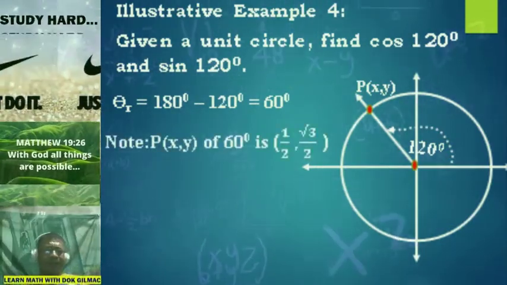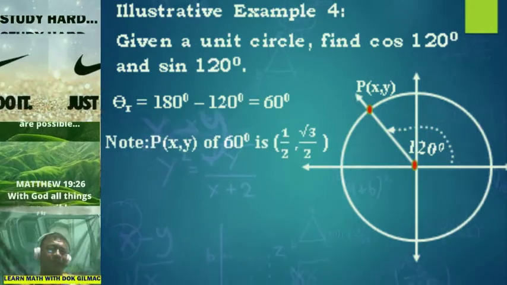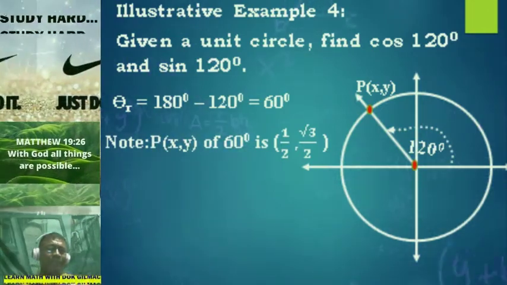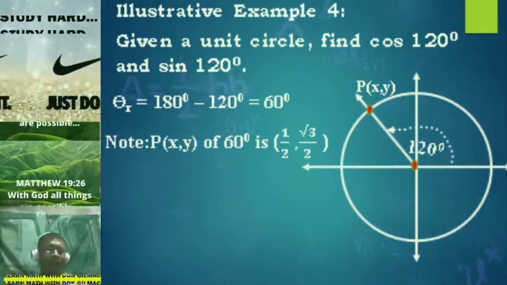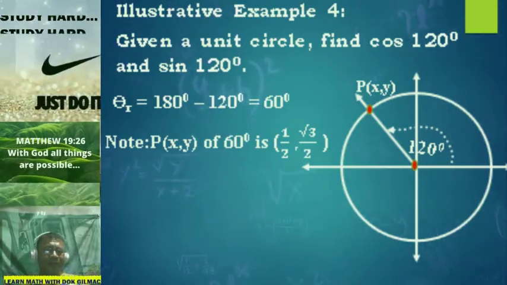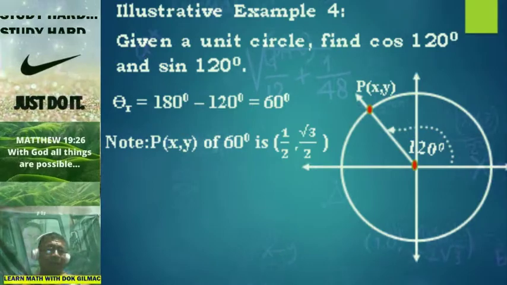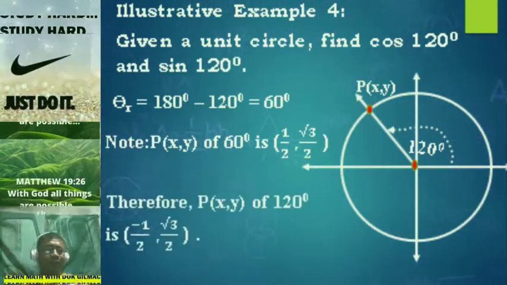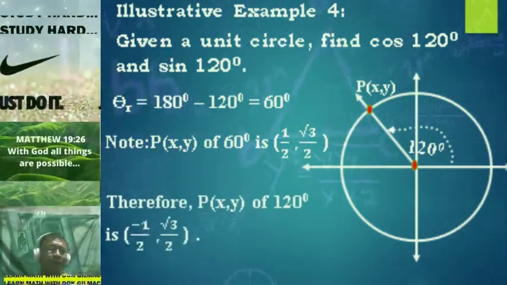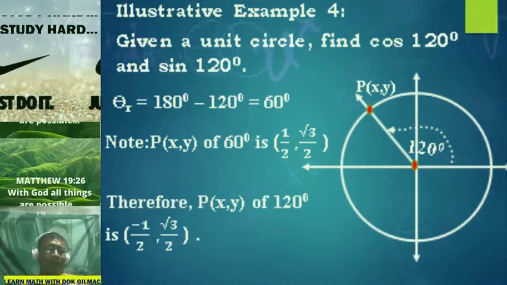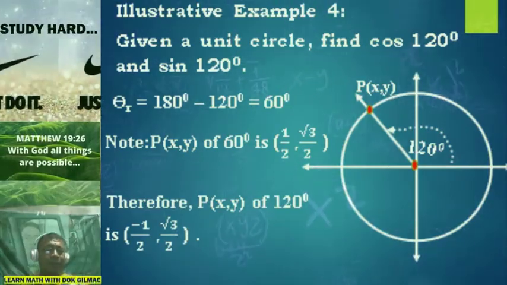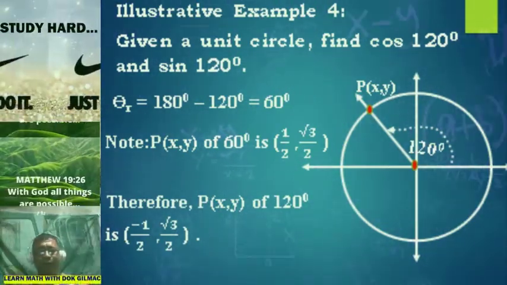Take note, class, that the coordinates for P of xy of 60 degrees is 1/2 and square root of 3/2. So since 120 degrees is in the second quadrant, the coordinates of P of xy of 120 degrees is -1/2 and square root of 3/2.